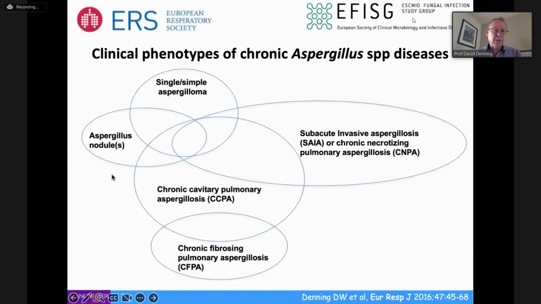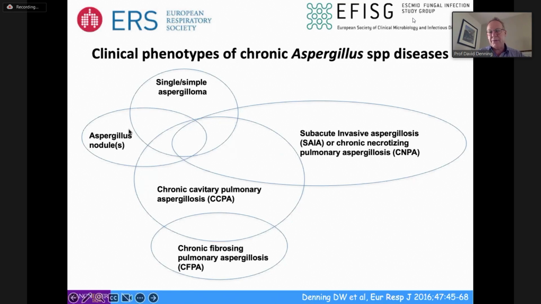A study in Denmark suggested that about 1.5% of all patients who were thought to have lung cancer based on nodules actually had aspergillosis. So it's an uncommon differential diagnosis, but it's obviously important because these patients don't need chemotherapy and big resections.